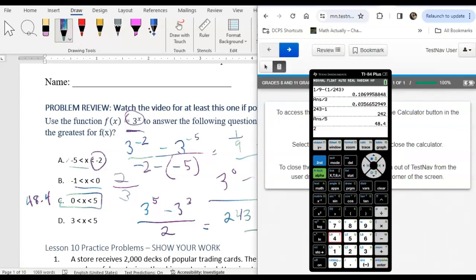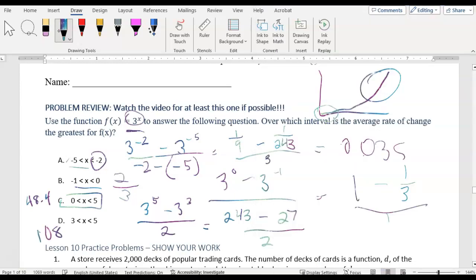So 243 minus 27 divided by 2 gives us 108. And so our greatest average rate of change is going to be from 3 to 5, because that is later on in this example, and the increase is happening at an even greater and faster rate towards the end.